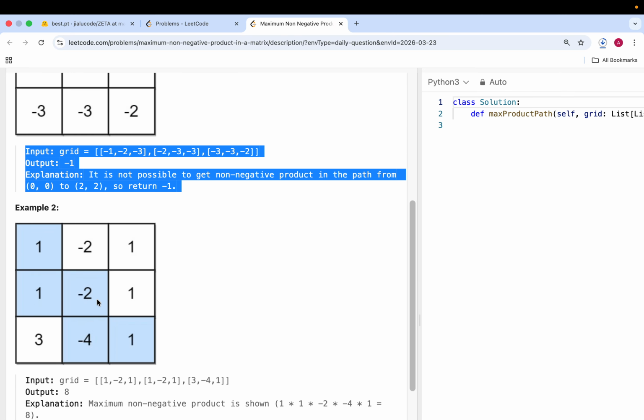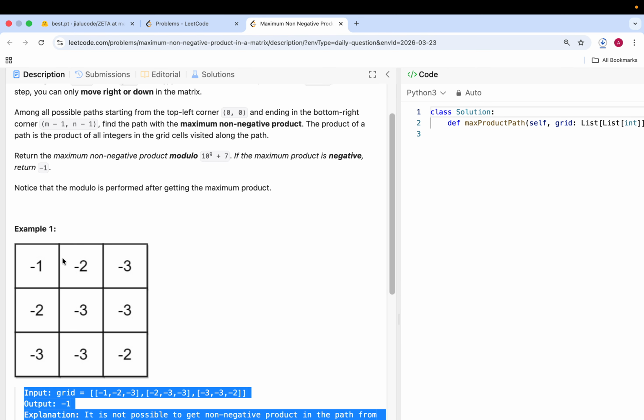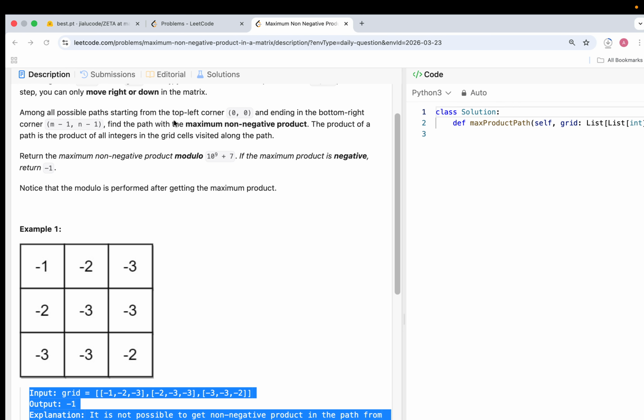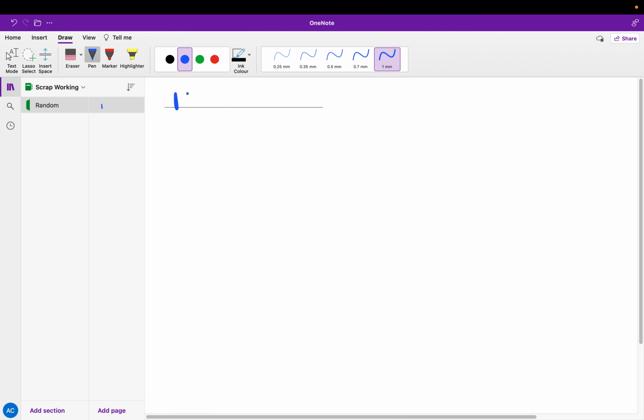So just observations wise, in order to get from top left to bottom right, I'll write this down actually, so that's clear. This is 1594 POTD.